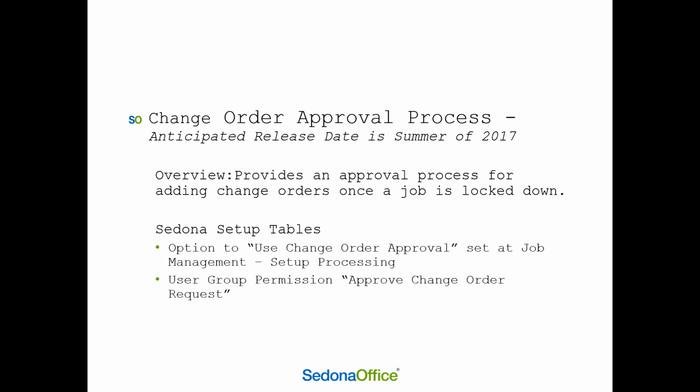Now, in your Sedona setup tables, there's going to be an option at the Job Management Setup Processing that you are going to either choose to use the change order approval process or you're not. If you do, it's global. It means that every time you have a change order, you have to go through the approval process. If you don't check it, it'll operate just as it has in the past.